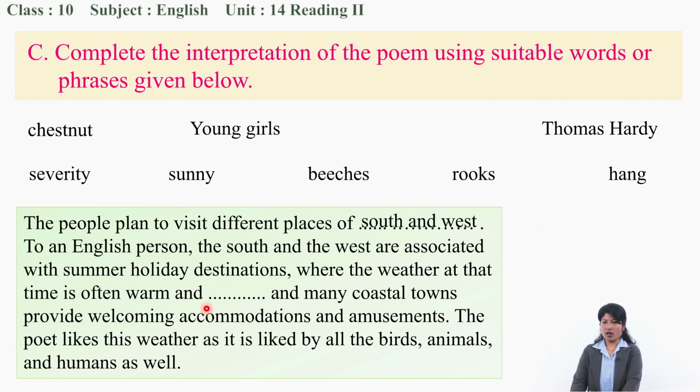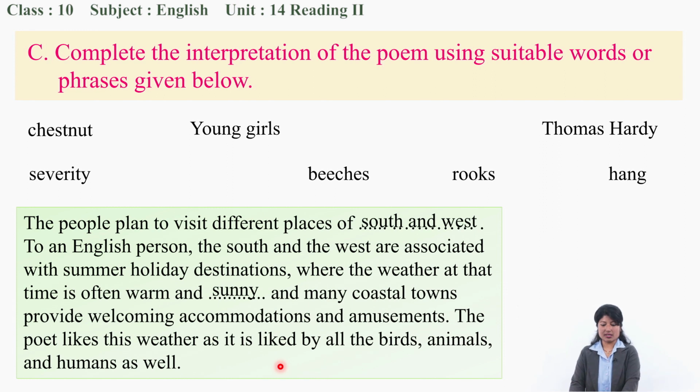Warm and, of course, sunny, right? And many coastal towns provide welcoming accommodation and amusements. The poet likes this weather as it is liked by all the birds, animals, and humans as well.